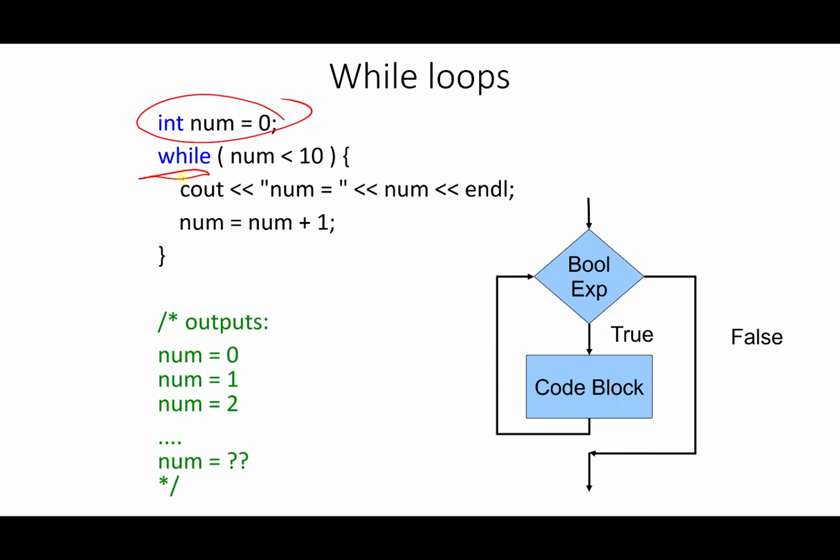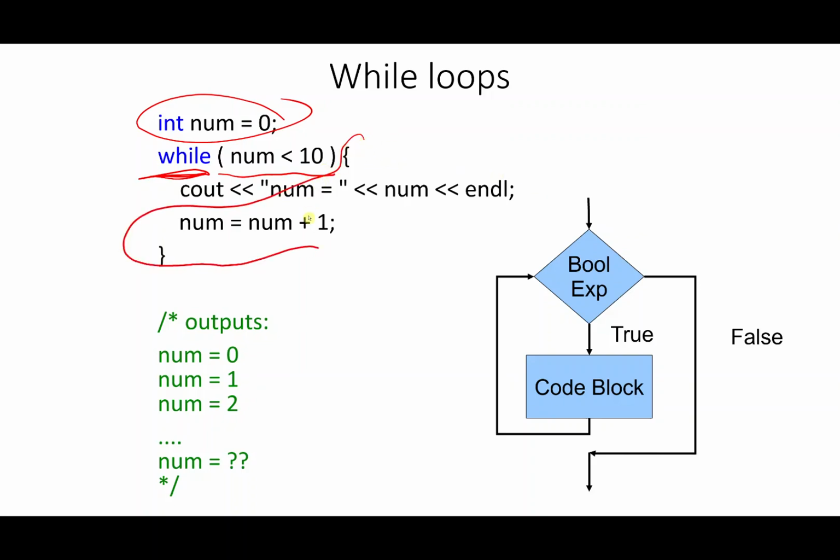While is how you tell the compiler to do things many times. Now, I'm going to translate the code while to plain English: as long as num is less than 10, do this block of code.